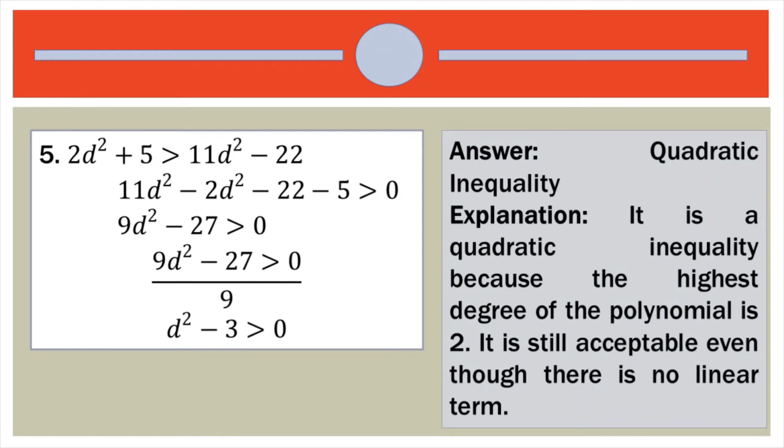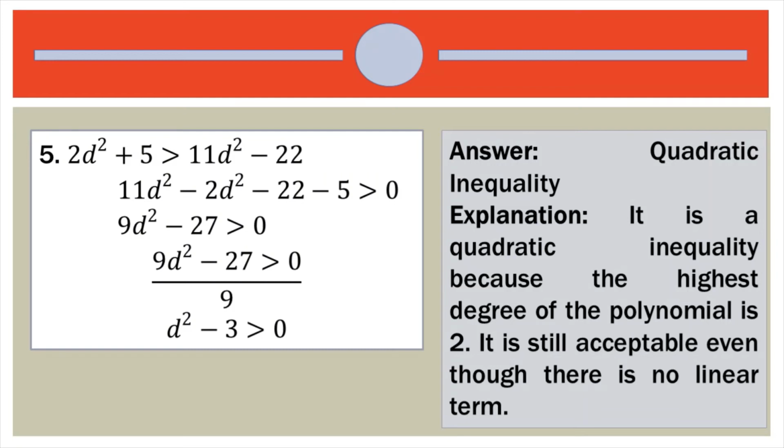We have 2d squared plus 5 is greater than 11d squared minus 22. First, you need to transform the given values. So we have 11d squared minus 2d squared minus 22 minus 5 is greater than 0. It happened because we multiply all the inequality by negative 1 so that we can cancel out the negative sign for 11d squared.